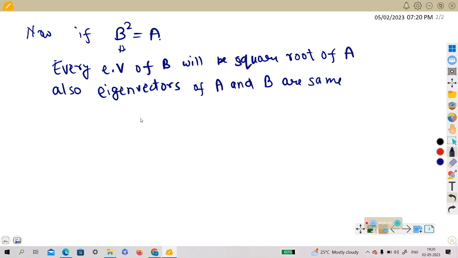Using these two facts, we can write B as C inverse gamma to the 1 by 2 C.